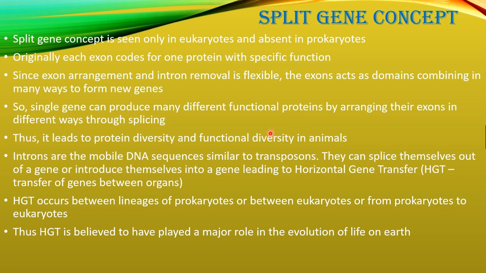That is why diversity in animals occurs, and it is very important in evolution, because it is the basis for the evolution of life on earth. In evolution, single-celled organisms changed into multicellular, then tissue grade, then invertebrates changed into vertebrates, chordates, and at the topmost, human beings.